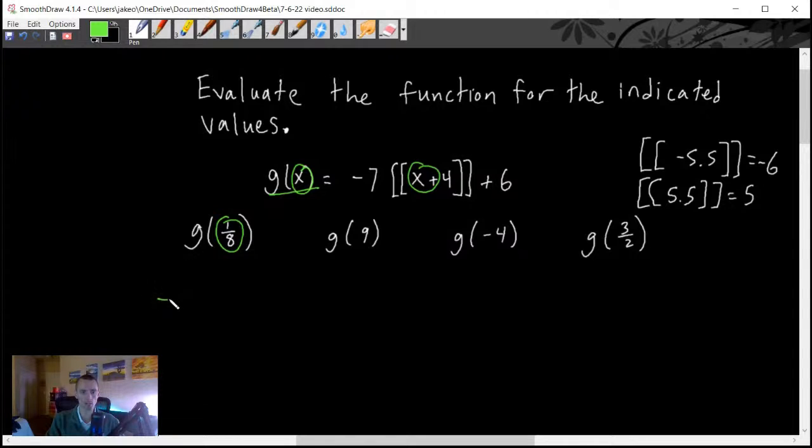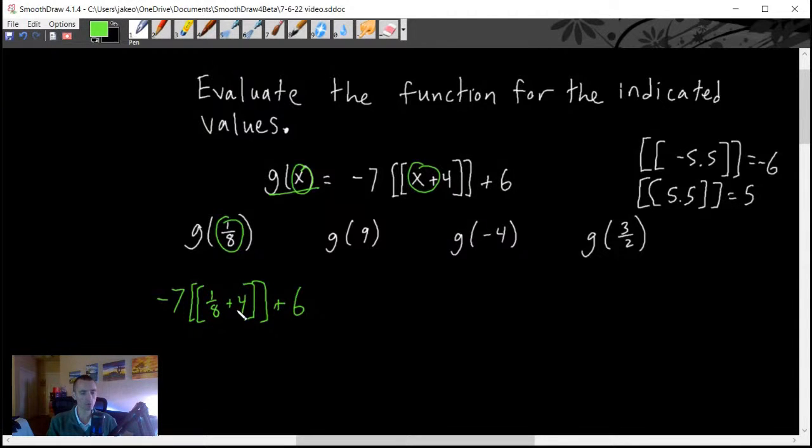So that would be -7 times the step of 1/8 plus 4, and then close that step function part and then add 6. So basically this is the unsimplified version of what g of 1/8 means. You're just going to your function g, replacing any x you see with whatever number is in the parentheses, in this case 1/8. So let's go ahead and think about how to actually evaluate this now.